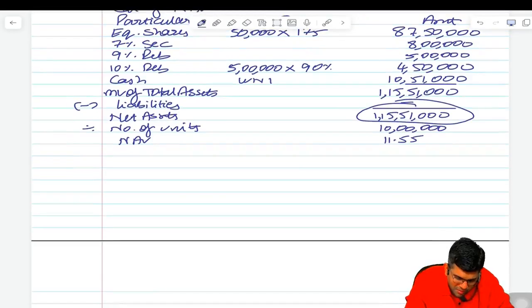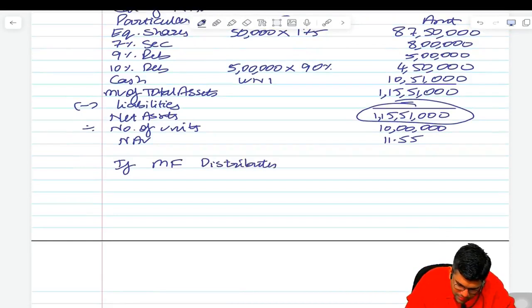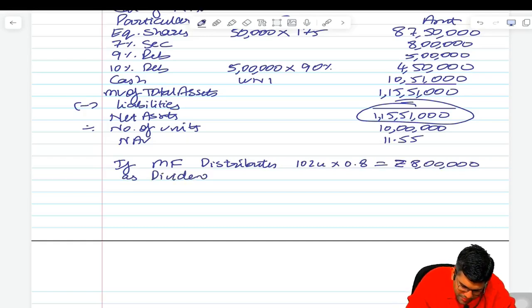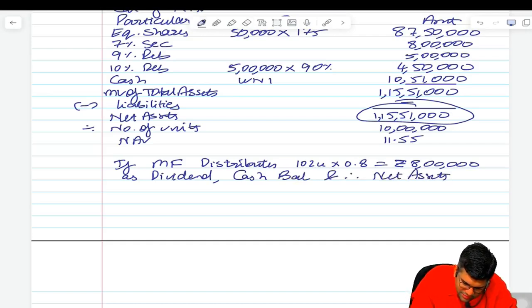So, I am writing here, if mutual fund distributes 10 lakh units into 0.8, that is rupees 8 lakh as dividend, cash balance, and therefore net assets will reduce by rupees 8 lakh.